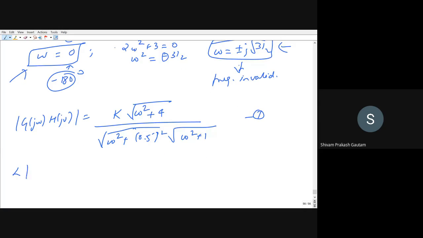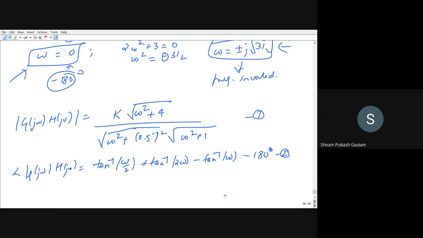And our phase equation was phi of j omega equal to tan inverse of omega by 2 plus tan inverse of 2 omega minus tan inverse of omega minus 180 degree. So this is our magnitude expression, that is equation number 1, and this is our phase expression that we have already solved.